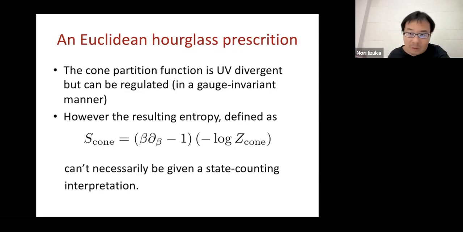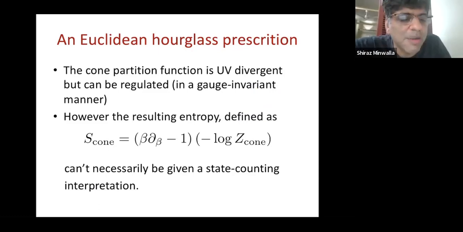I don't know what the interpretation is, but if you just do the honest calculation of this cone prescription, it's true that if you look at the log epsilon coefficient, that does depend on the curvature coupling, and that's the only thing I want to say. Okay, thank you.